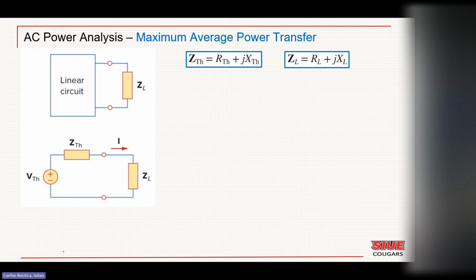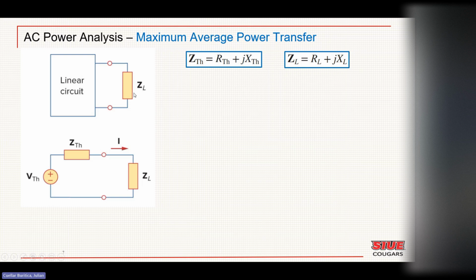Now, we are going to concentrate now in the maximum average power transfer. This is similar to what we did with the analysis of DC circuits. And what's the idea here? We have a linear circuit. It contains inductors, capacitors, and resistors, and its power supply is a sinusoid. It's working with alternating current. That circuit is going to provide an amount of power to a load. What could be this load?